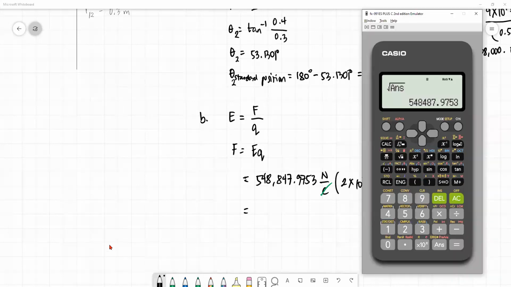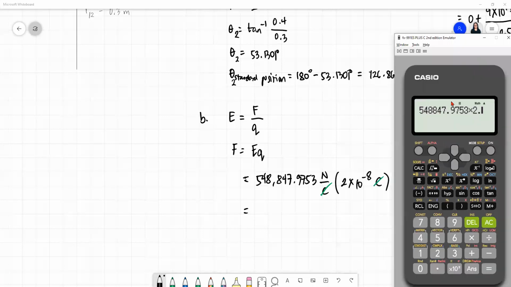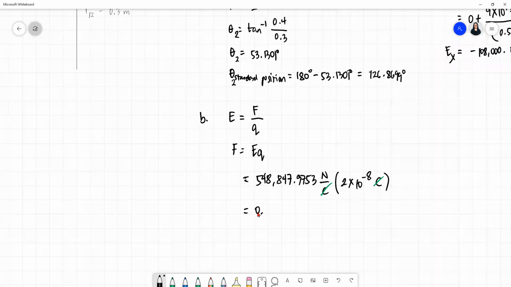So we need to input that value again, because if you press Ans it will get the most recent value, which is, I think, the angle, not this one. 548,487.9753 multiplied by 2 times 10 raised to the power of negative 8 is 0.011. Rounded to the fourth decimal place, 0.0110 newton.